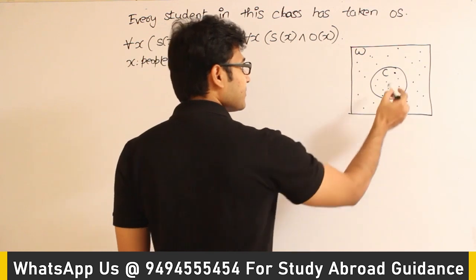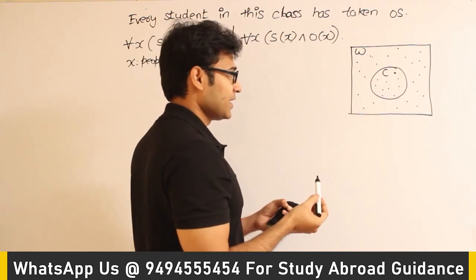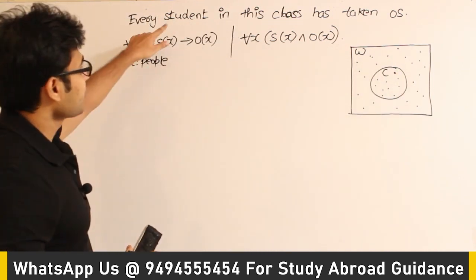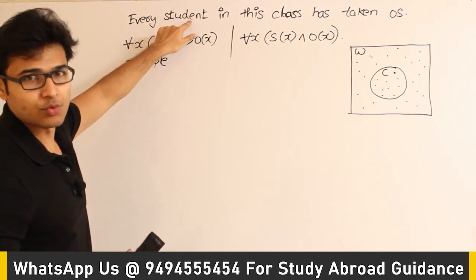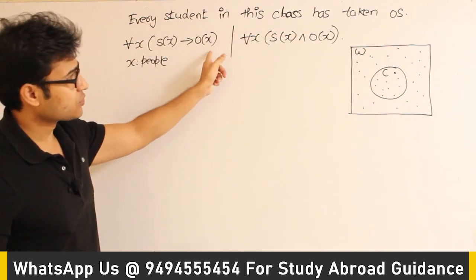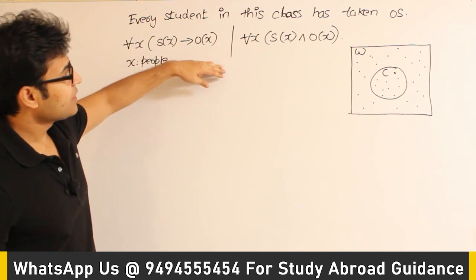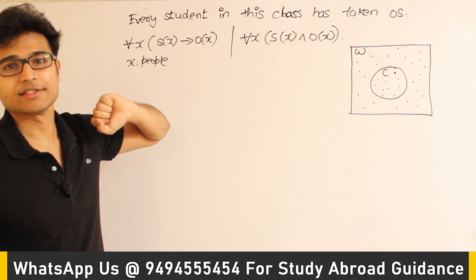Just assume that in this one case everyone in this class has taken operating system. Then what should happen to this statement? The statement should become true. Is it really happening? Which one of these two gives a true value when everyone in the class has taken operating system?